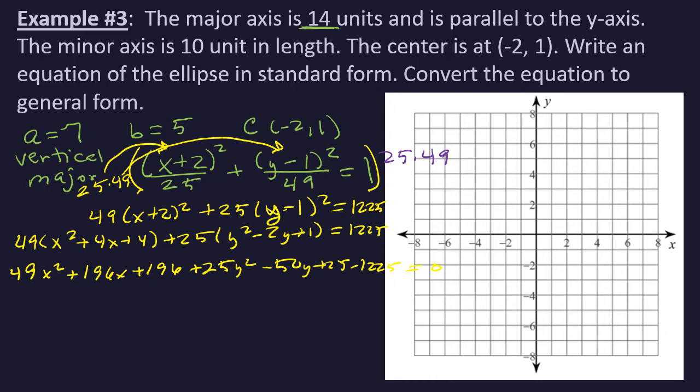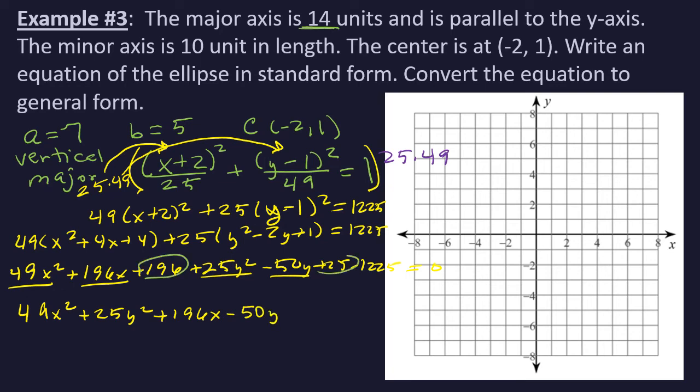So now, remember, your x squared term comes first. Your y squared term comes second. Your x term comes third. Your y term comes next. And then I'm going to take all the numbers that are constant and I'm going to combine them.